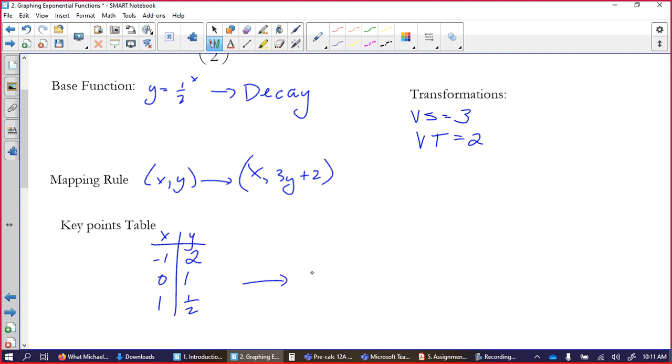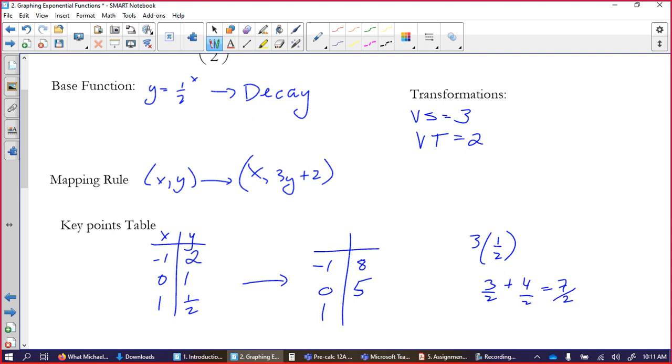Transformed, x doesn't change. 3 times 2 is 6. 6 plus 2 is 8. 3 times 1 is 3. 3 plus 2 is, I almost said 4, but 5. 3 times a half is 1 and a half, plus 2 is 3 and a half.